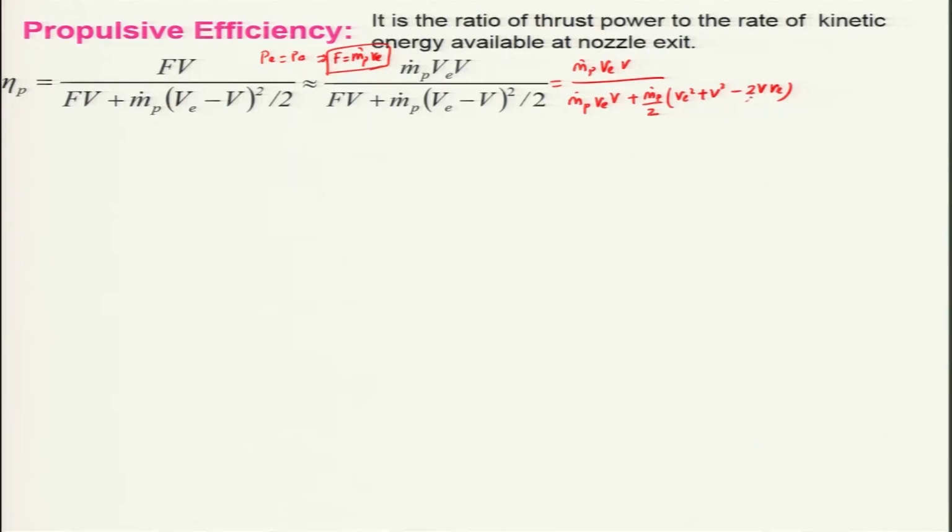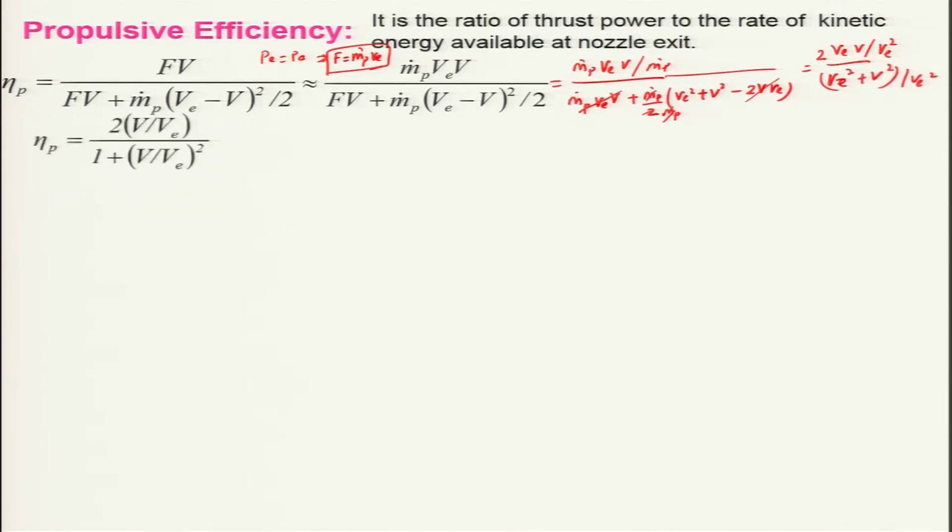If you look at this term, it will cancel out, and if I divide by m p and by Ve square, I will get the propulsive efficiency equal to 2 V by Ve divided by 1 plus (V divided by Ve) whole square.